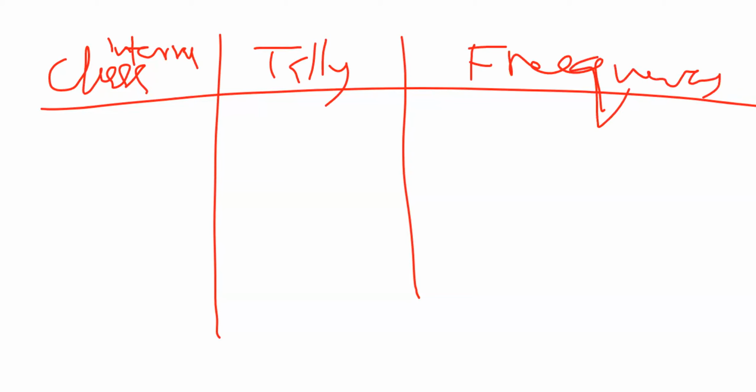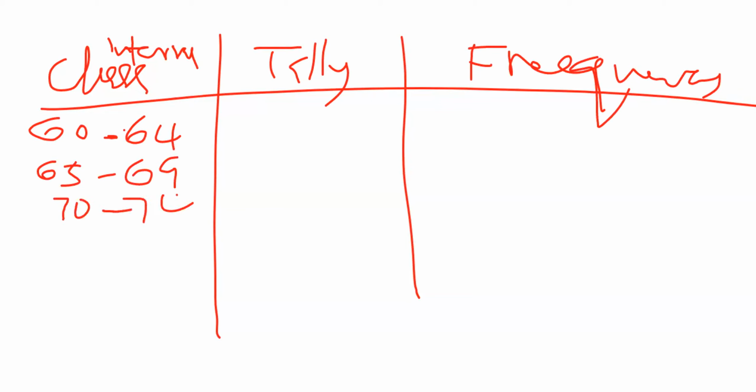The question has agreed that we label 60 to 64, 65 to 69, 70 to 74, 75 to 79. And while we are naming this, we are checking whether there's any number within that range.